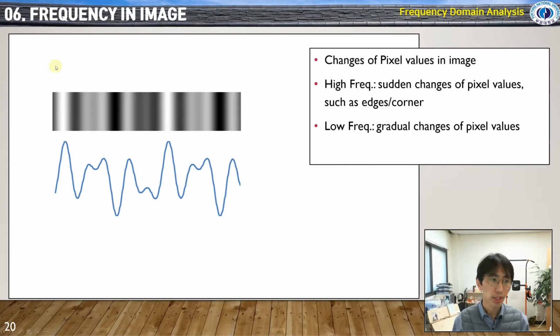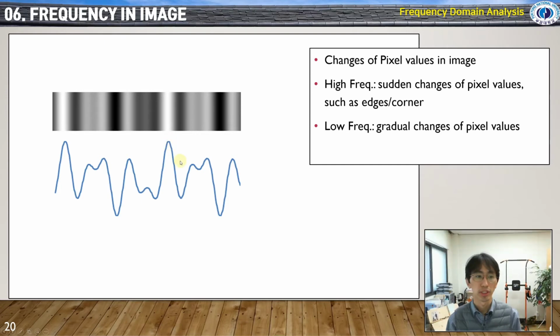If this is a black and white image, we can draw its pixel value changes according to the x-axis. Then we can draw a signal: low, becomes white, black, gray, black, whiter, black, and white.